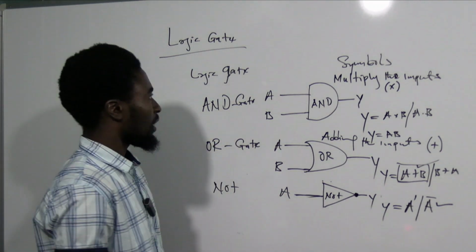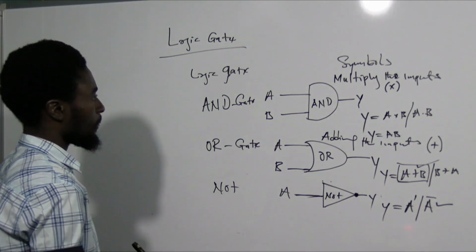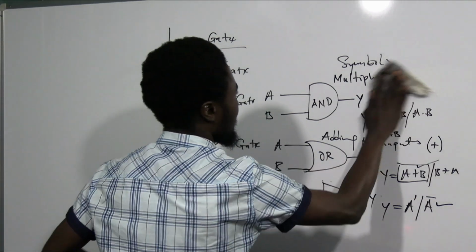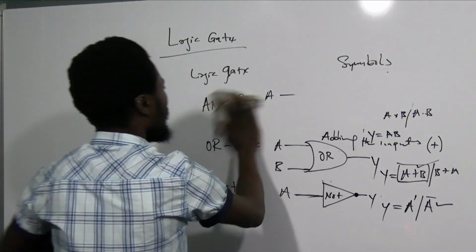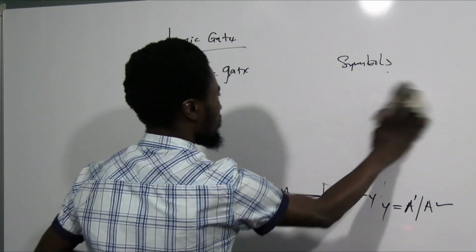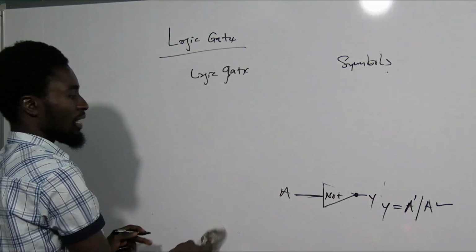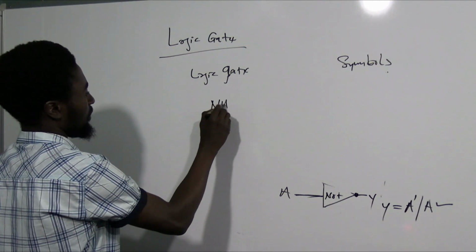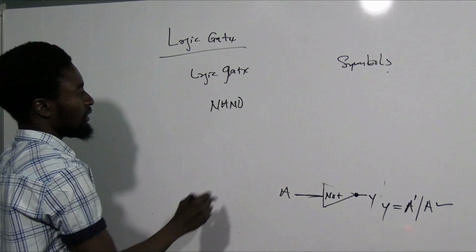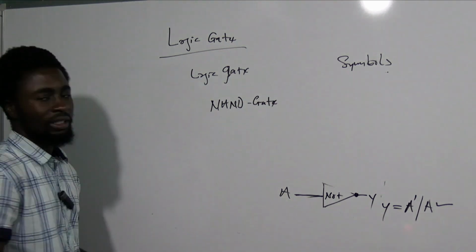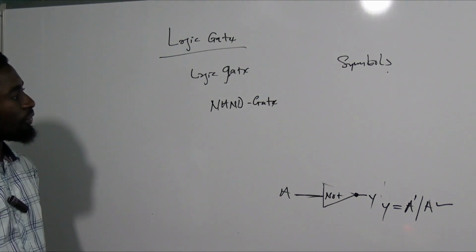So let's look also at the universal gate. For the universal gate, of course, we have two examples. Example number one is the NAND gate. But how is the NAND gate drawn?